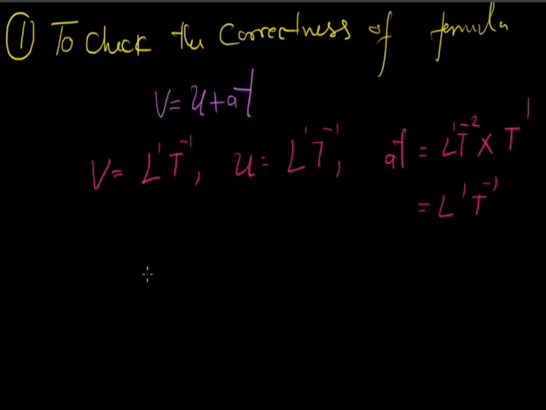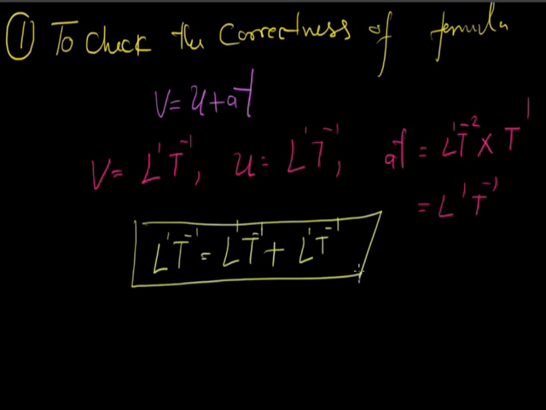So when we put the dimensions in each term, L1 T minus 1 is equal to L1 T minus 1 plus L1 T minus 1. It means the formula is dimensionally correct.